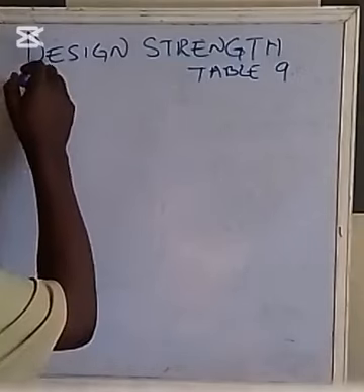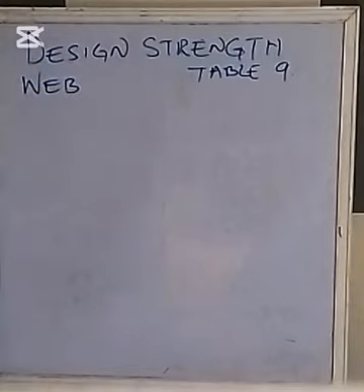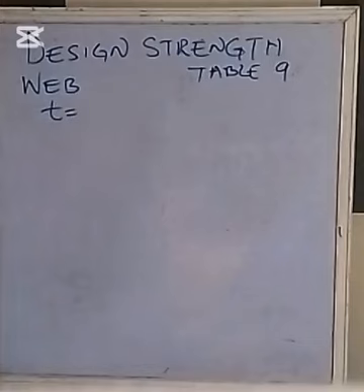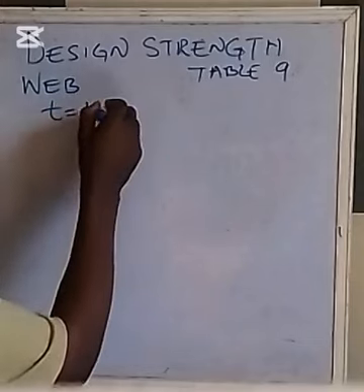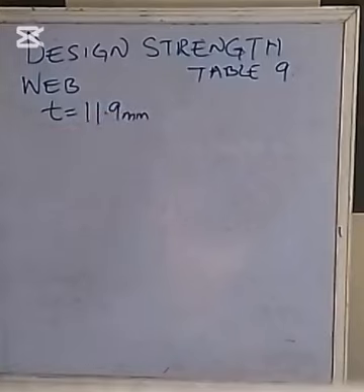So for the web, we all know from the section property we listed, the thickness of the web T is 11.9 mm. The same thing is applicable here.